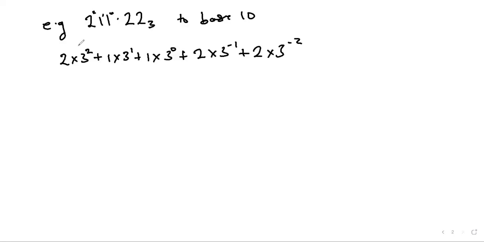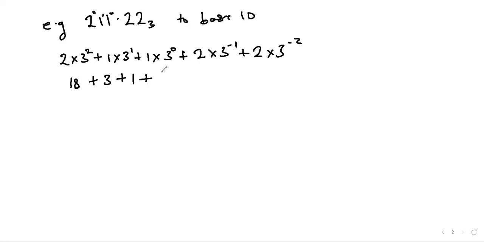Have you seen that? You want to convert it to base 10. So 3 times 3 will be 9. 9 times 2 is 18. Plus 1 times 3 is 3. Plus 3 raised to 0 is 1, so 1 times 1 is 1. Plus this will be 2 times 1 over 3. That's 2 over 3.